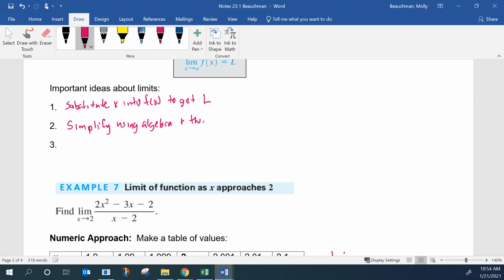And then substitute x into f of x to get the limit, because the limit is the y value that it approaches. If neither one of those works, 3, make a table of values and solve numerically.